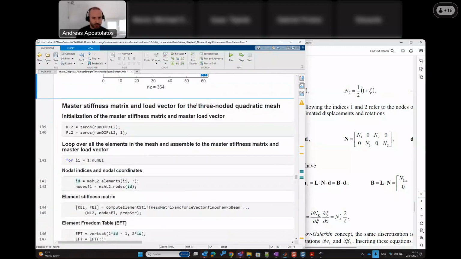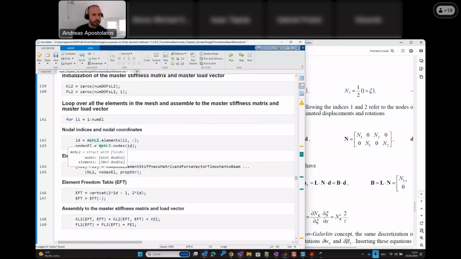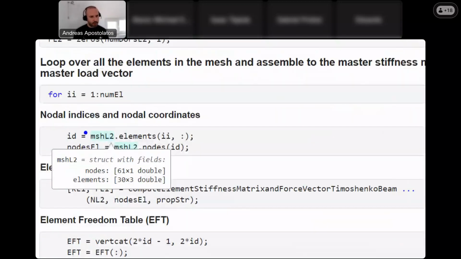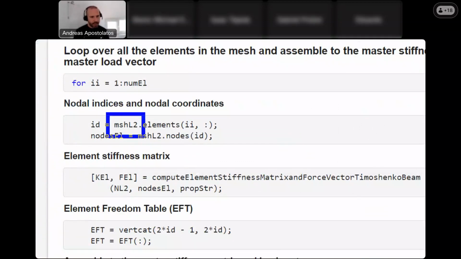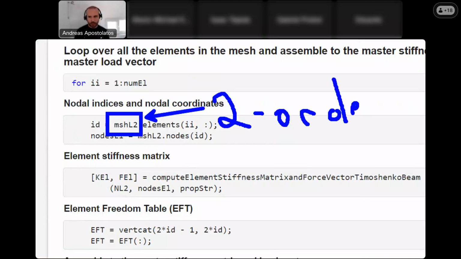So you see, I have somewhere a mistake. When I call it here, let me just zoom in again. I'm sorry for that. The mesh is called mesh L2, which means quadratic, right? 2 means second order.